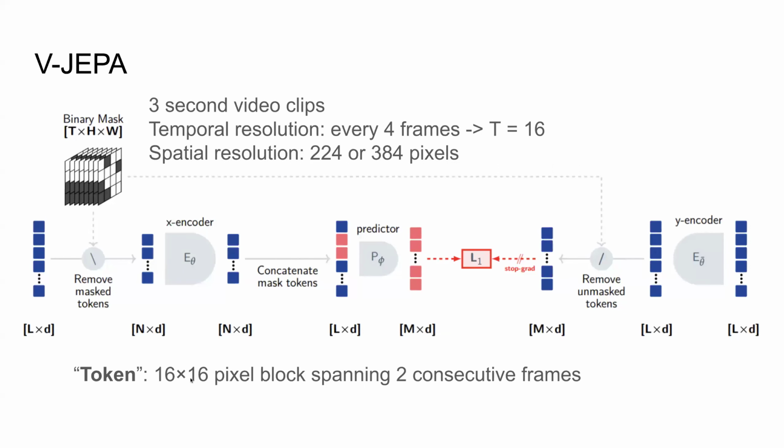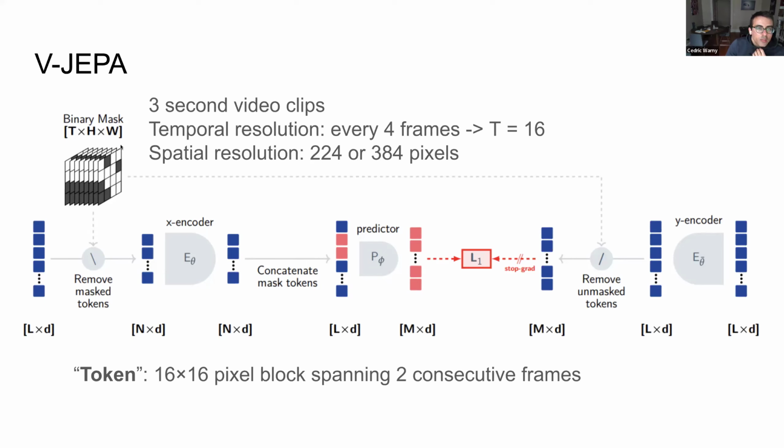I'm just checking if it should be a single block or batch for this spatial resolution. So each of these little guys here is a pixel block that is 16 by 16.